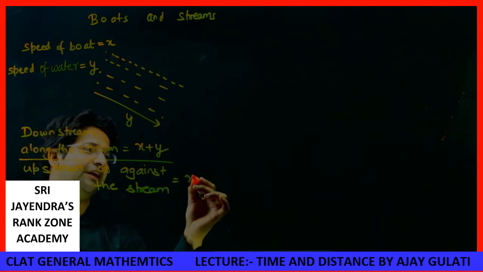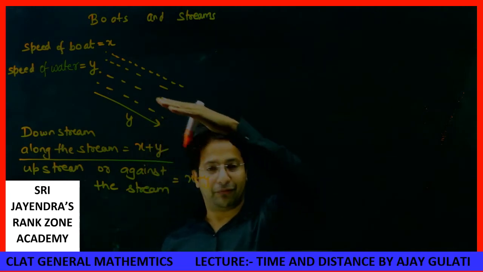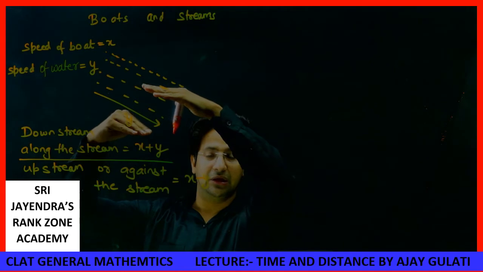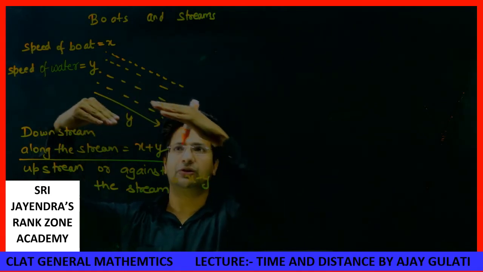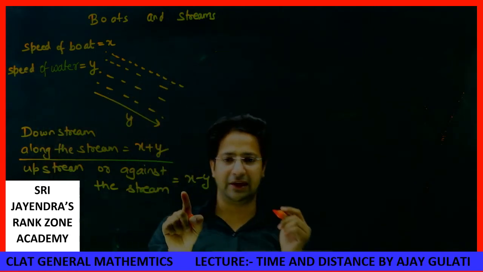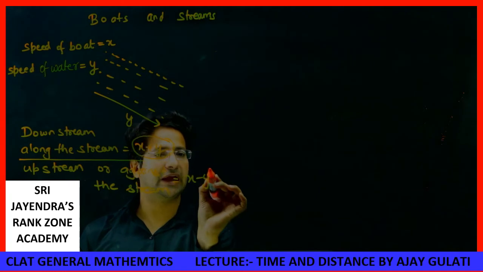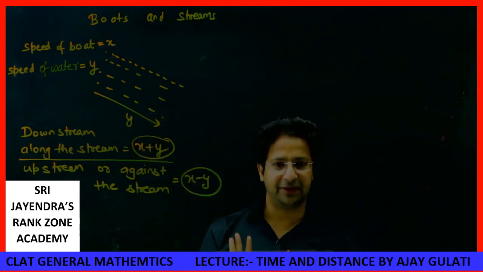The speed is x minus y. See, when I am going upwards, the speed of my boat is x, and this water is stopping me. So water is cancelling some of my speed. So water is making my task difficult. So from x my speed becomes x minus y. These are the two concepts, x plus y and x minus y. I hope this makes sense.